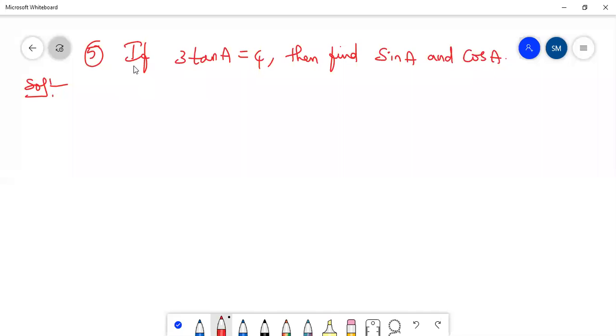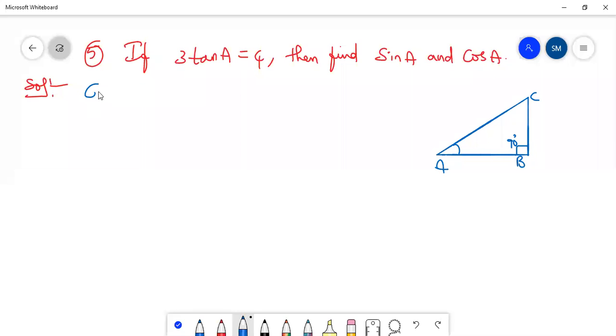Fifth problem, if 3 tan A is equal to 4, then find out sin A and cos A. Again, we can draw the right angle triangle. In that, ABC is the right angle triangle. This is angle A, and at B it is 90 degrees.